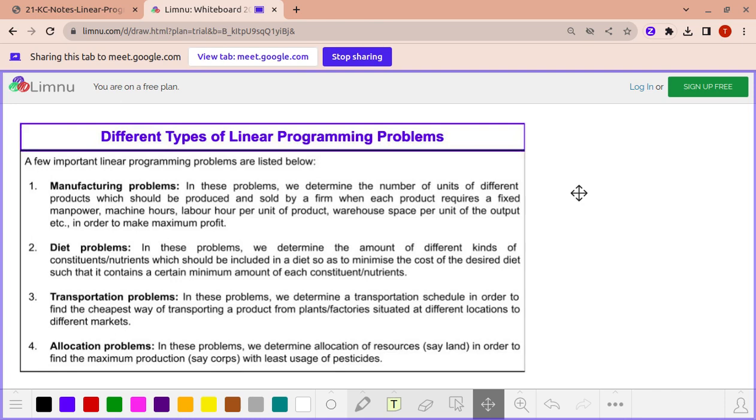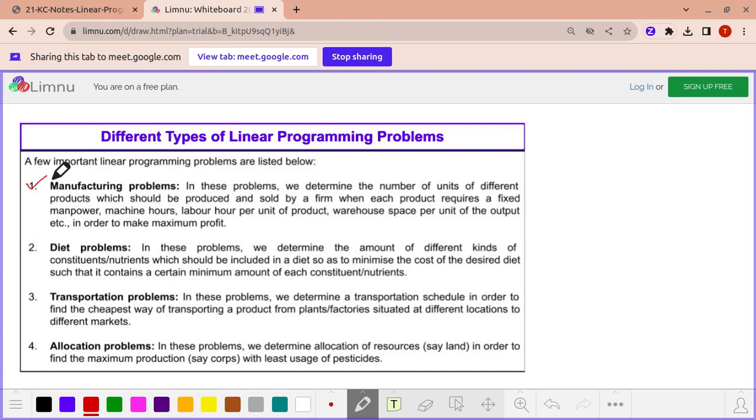So as you see in the screen, in the manufacturing problem, what we generally address is that we determine the number of units of different products which should be produced and sold by a firm when each product requires a fixed manpower, machine hours, labor hours per unit of product, warehouse space per unit of the output, etc., in order to make the maximum profit.